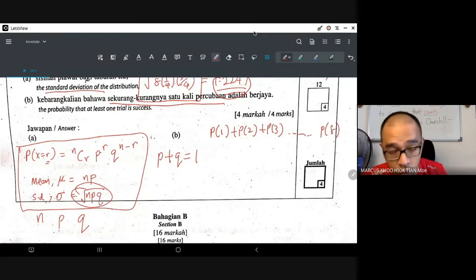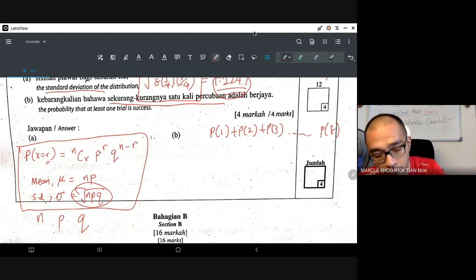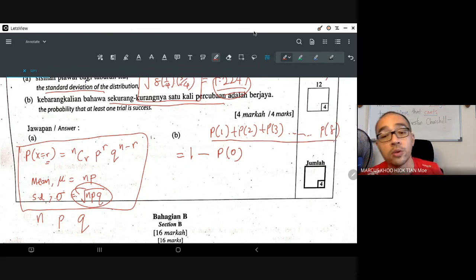Okay, so you don't want to do that. So you want to do the other way around. Okay, flip it the other way by calculating 1 minus the probability of 0. Okay, because the probability of 1, 2, 3, 4, 5, 6, 7, 8 equals to 1 minus the probability of 0. Okay, because remember, no matter how many probabilities there are, the sum of all the probabilities is always 1.